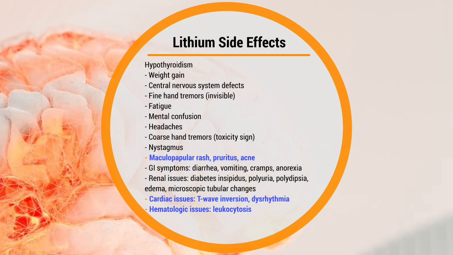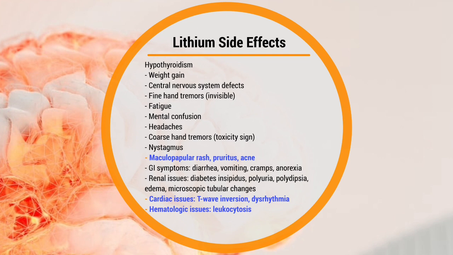So fine hand tremors mean a side effect of lithium. Fatigue, mental confusion, a headache. Coarse hand tremors are a sign of toxicity, right? Not exactly a lithium side effect. Nystagmus of the eyes, a maculopapular rash or itching, acne. It's a side effect of lithium, maculopapular rash. Okay.